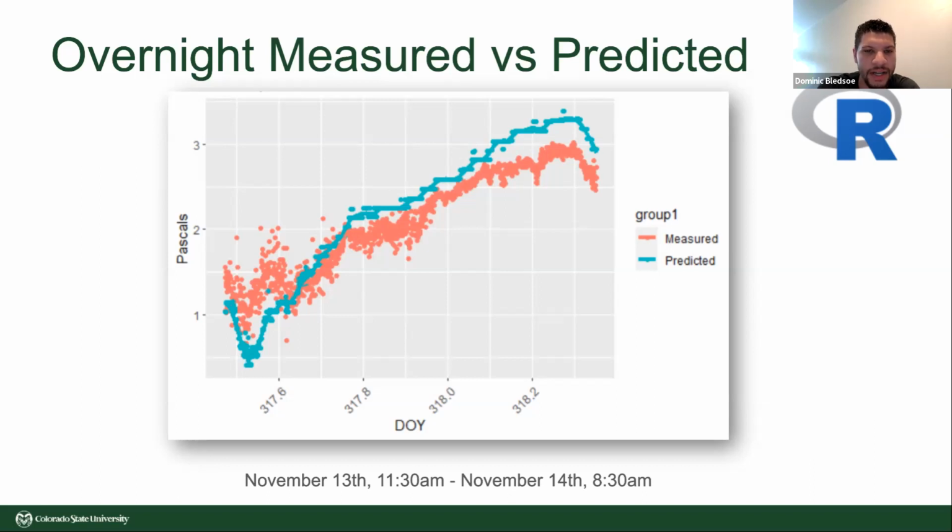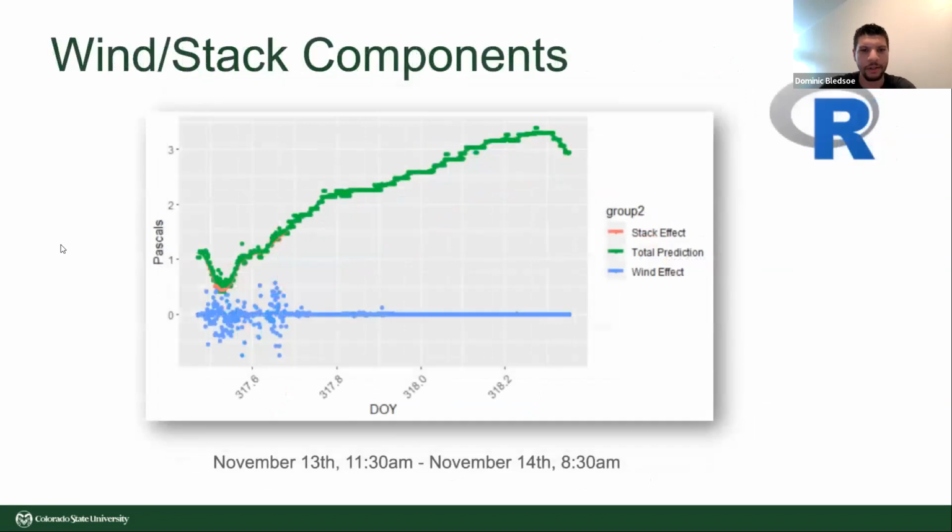So I wanted to next touch a little bit on the contributions from the stack and the wind effect and see what could be causing some of this over prediction, if this was due to the model or if this was just user setup not in a good area or something like that. So the next plot. I was able to break up the total prediction into its wind and stack components.